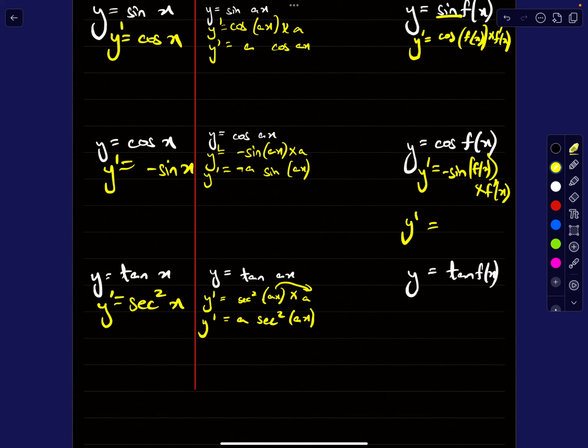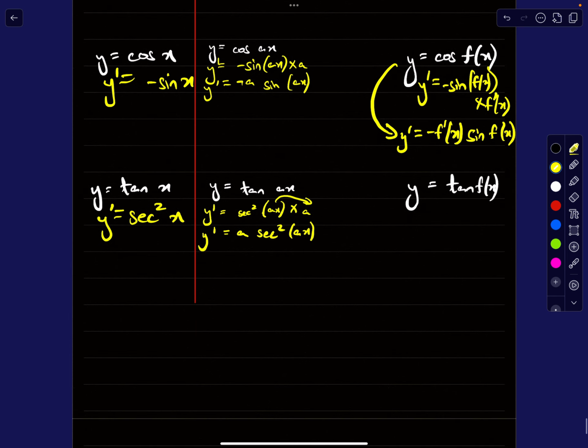The prime is going to be here, my bad. The final differential of this whole thing is going to be y prime equals minus f prime of x, which you can write like this, sine f of x.